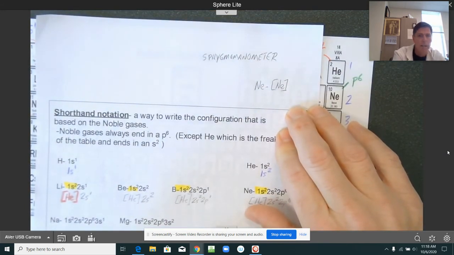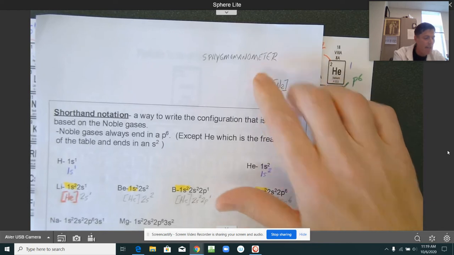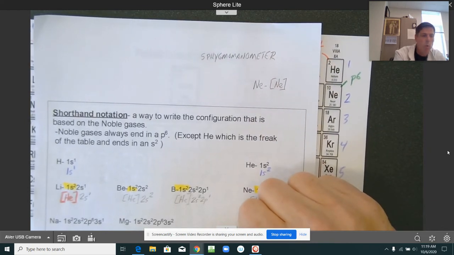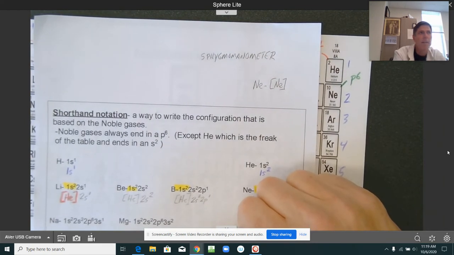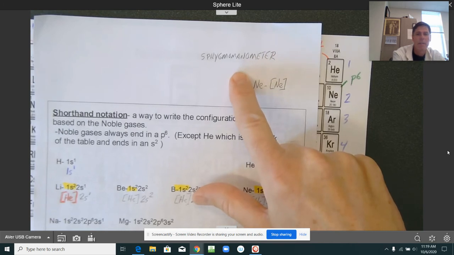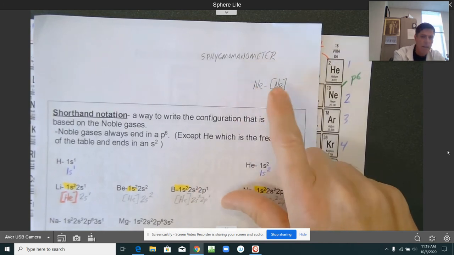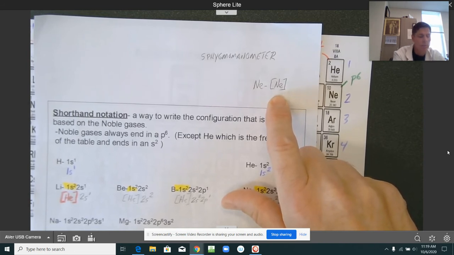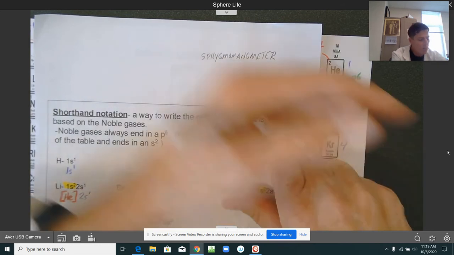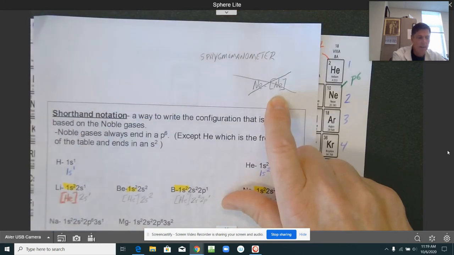You'll learn more about that later in chemistry when we get to gas laws. And you grab your handy dandy dictionary or Google or whatever, you type it in, and it says see sphygmomanometer. That's all it tells you. It doesn't give you an image or anything like that. You haven't learned anything, have you? You just have the name. You don't know anything more about it. If you were to just give me Ne in brackets, we don't know anything about those outer electrons, where they're at. We have no reference. So that's why we can't do that.